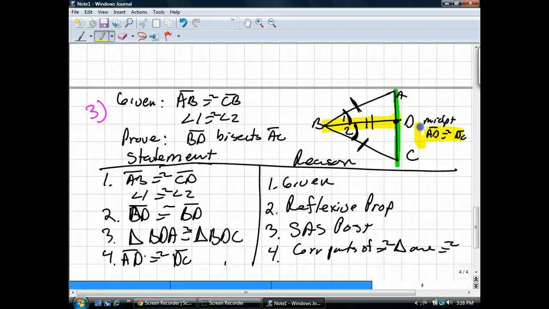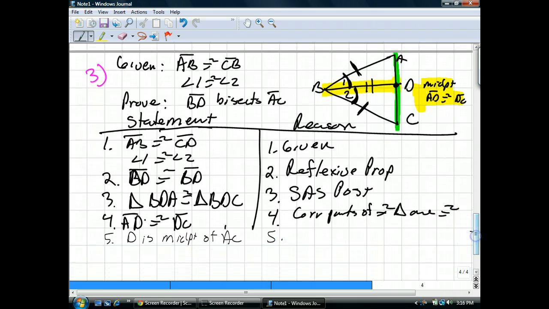So that means that I can say that D is the midpoint of segment AC. And that is by definition of midpoint.